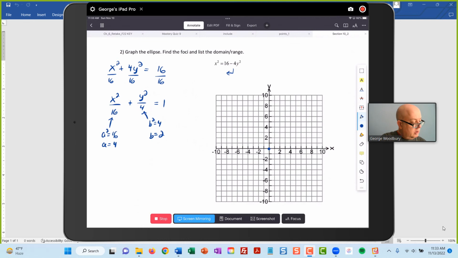So center at the origin, underneath x squared tells us to move 4 to the left and right. Underneath y squared, that tells us to move 2 above and below. Something like that.